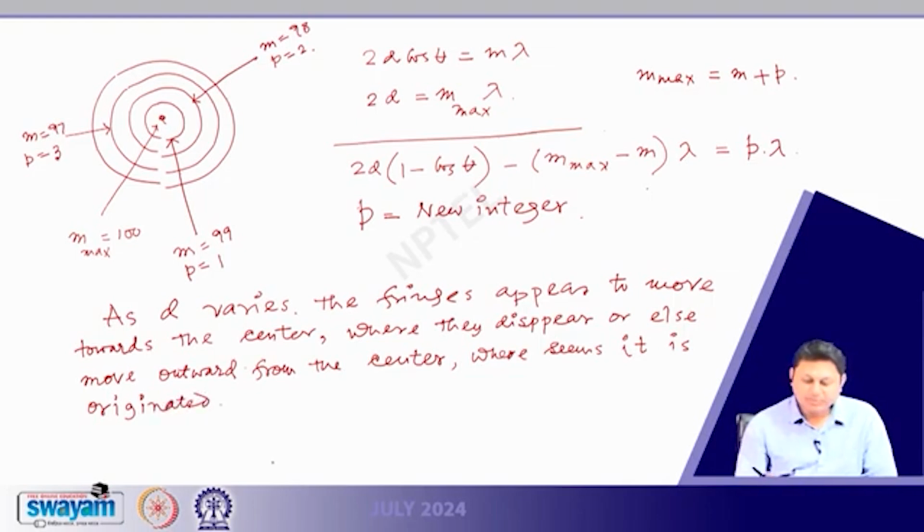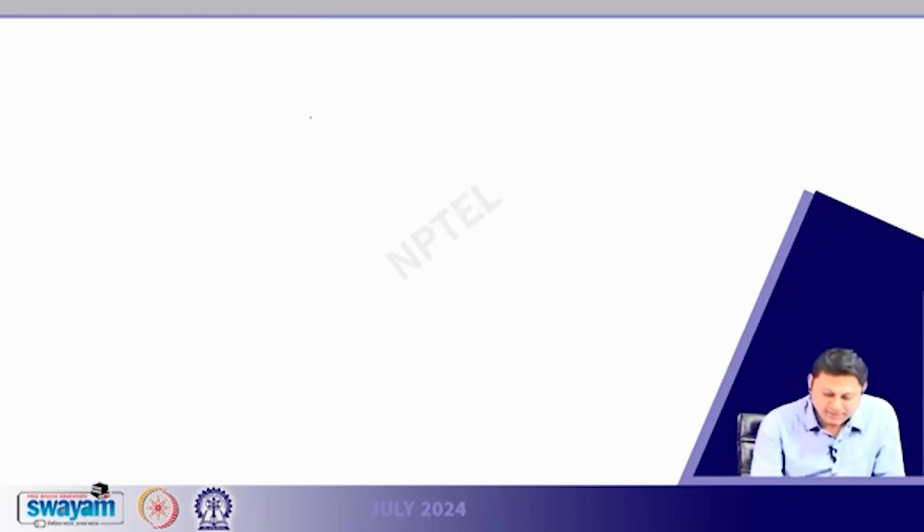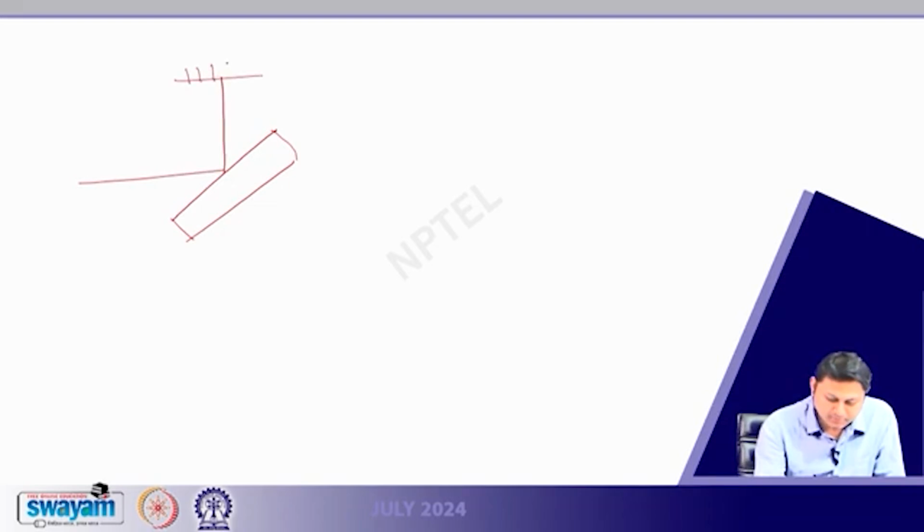So, what is the meaning of that? Suppose I change the relative separation between these two mirrors. So, I have a mirror here. This is my beam splitter. Light is falling here, going up. This is the location of one mirror, M2, and this is M1.